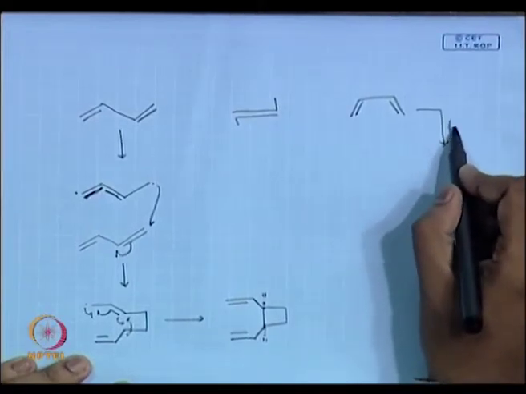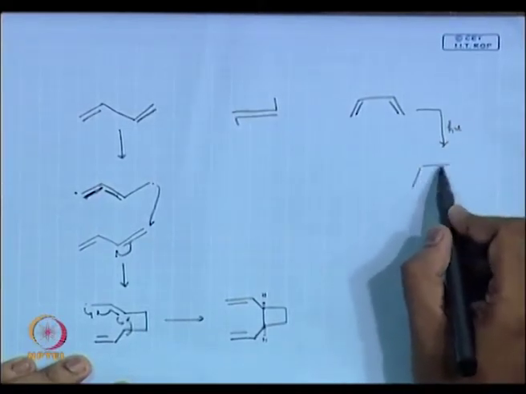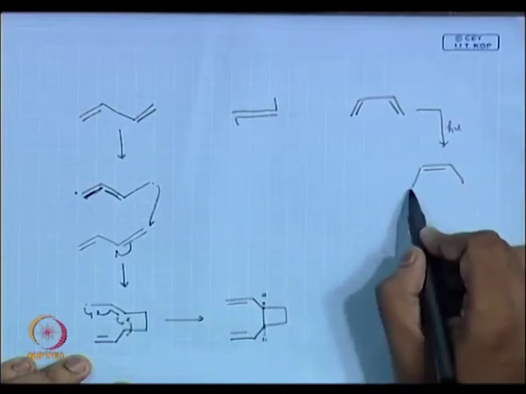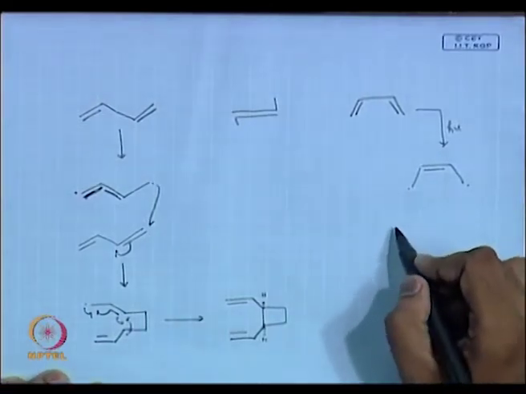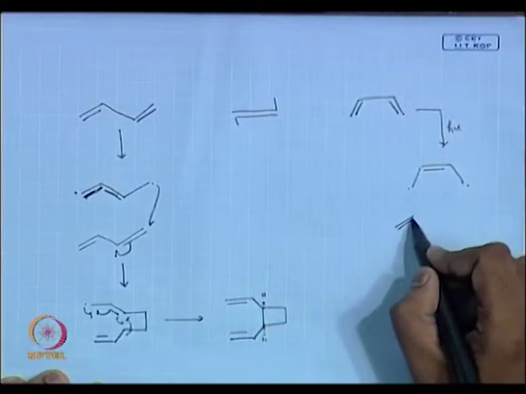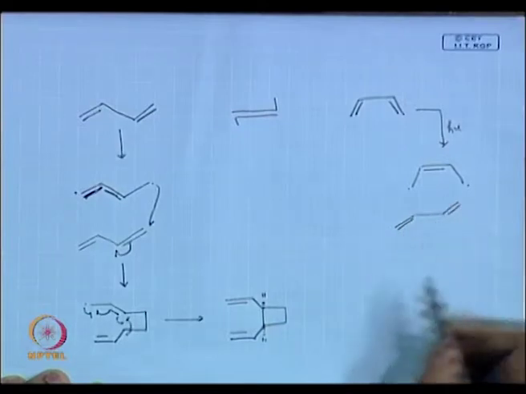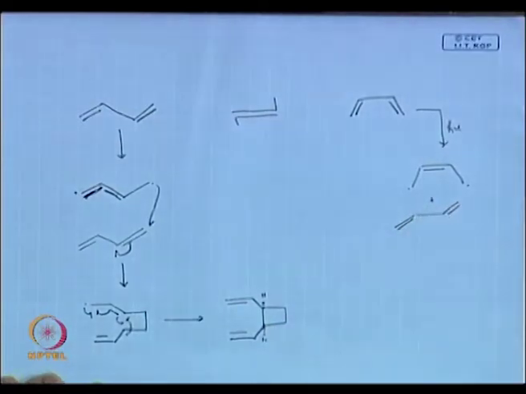So, if I photolyze this, then a radical like this forms. It can react with your ground state diene.